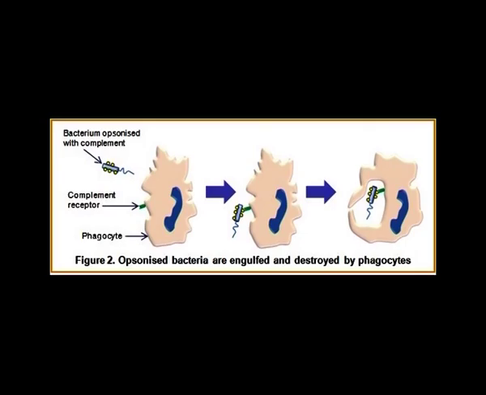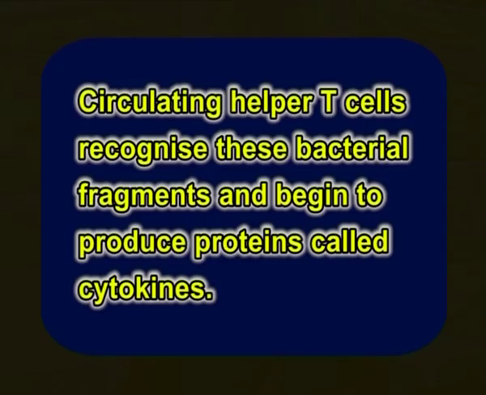After bacteria are ingested by phagocytosis, as illustrated in figure 2, they are killed by various processes that occur inside the cell and broken into small fragments by enzymes. Phagocytes present the fragments on their surface via class II major histocompatibility, that is MHC class II molecules.